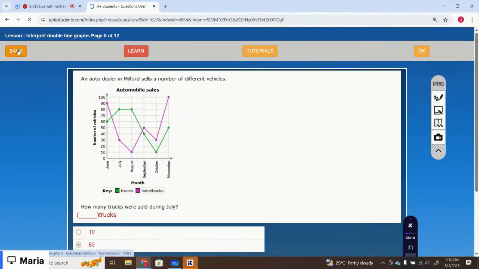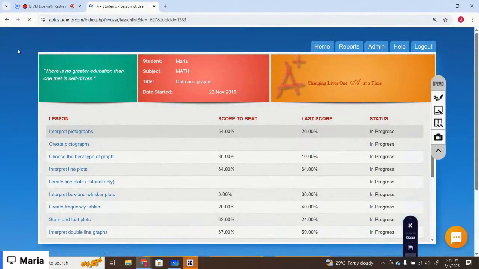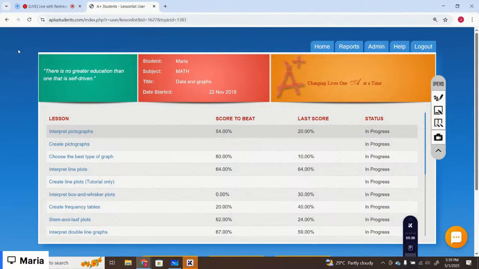So, we were working on grade 6 math. The chapter we were working on is data and graphs.